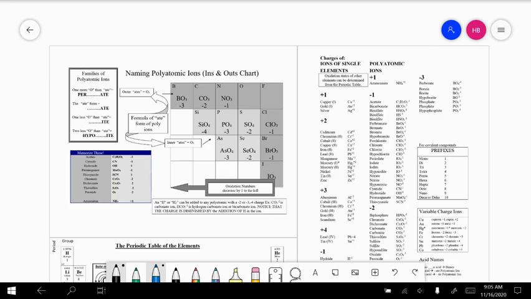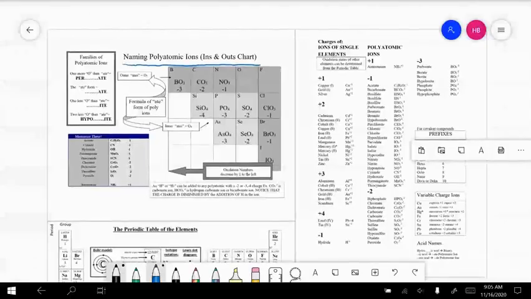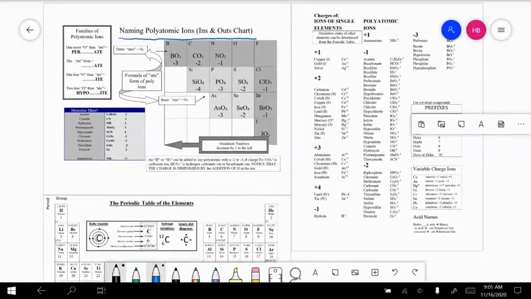So let's bring our 3 charts together now. This is the naming the polyatomic ion ins and outs chart right here. Here is a list of polyatomic ions right here. This is a list that you will have reference to this year in chemistry when you're quizzing and testing.